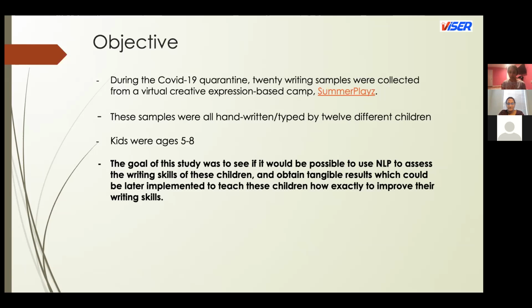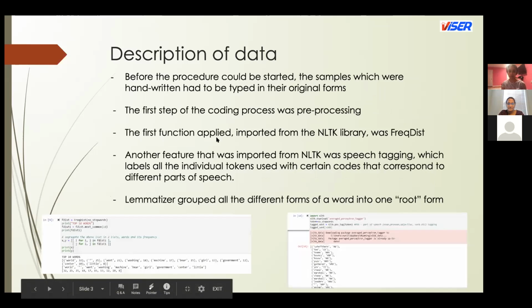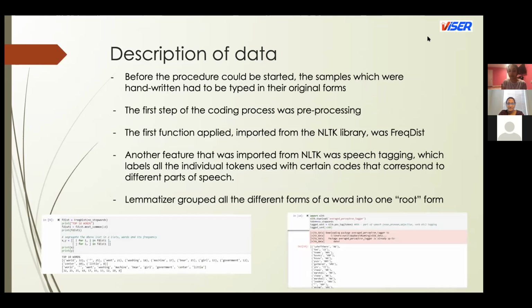As mentioned, the main objective of this study was to see if I could assess these kids' writing samples using a machine and not just my own human insight. Before the procedure could start, the handwritten samples, because not all of the kids could type since they were 5 to 8, had to be typed up in their original forms.